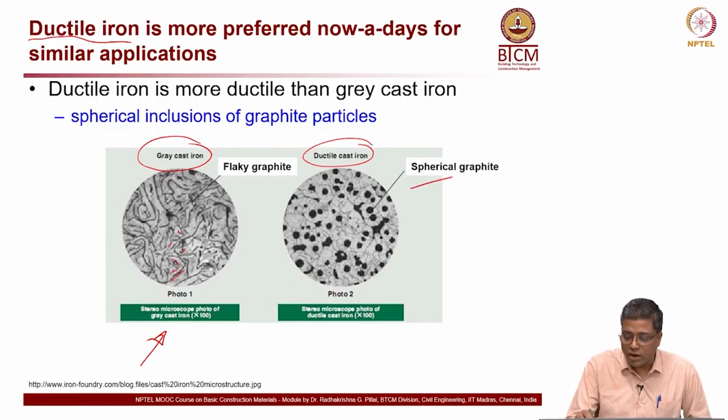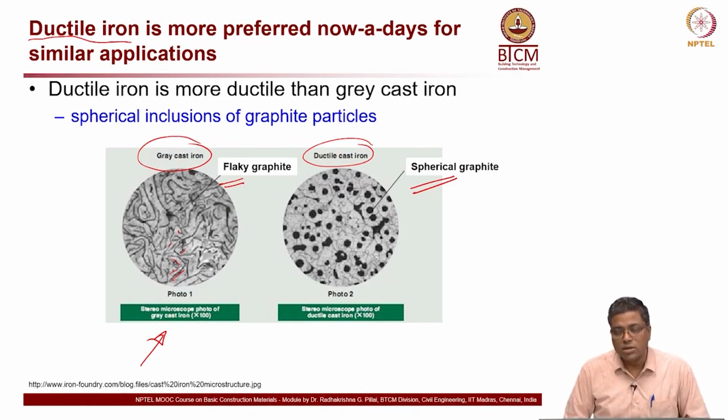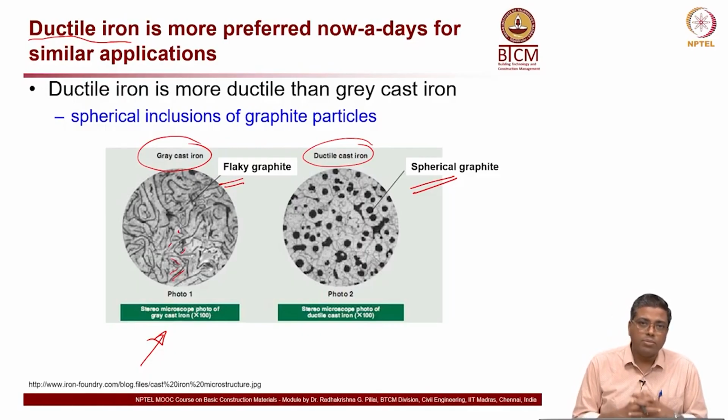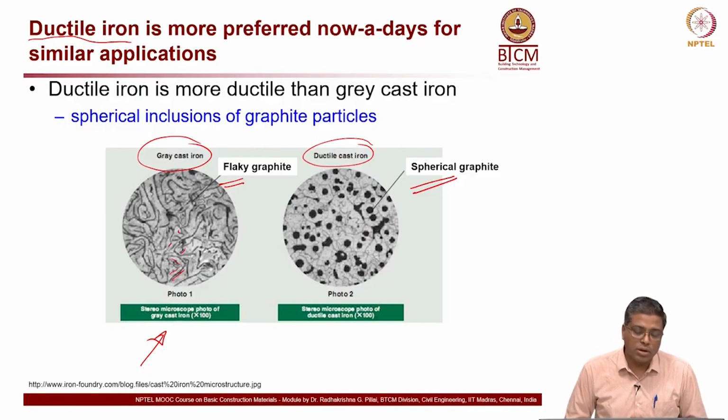Because of this spherical nature, it helps in preventing the progression of cracks. Crack propagation is more difficult with spherical graphite as compared to flaky graphite. That is why it has ductile behavior as compared to cast iron.